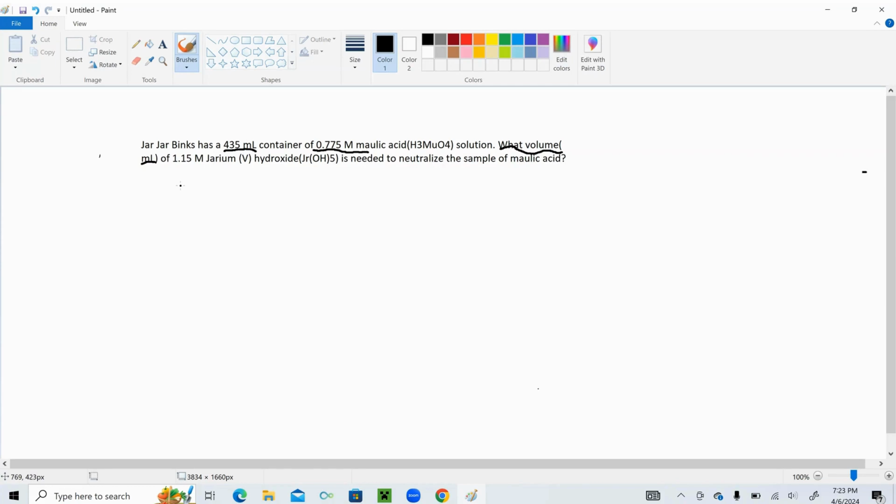So the first thing you're going to do here is have a balanced chemical equation. Let me show you a trick that my teacher showed me for acid-base titrations. So we have H3MuO4 plus JrOH5.